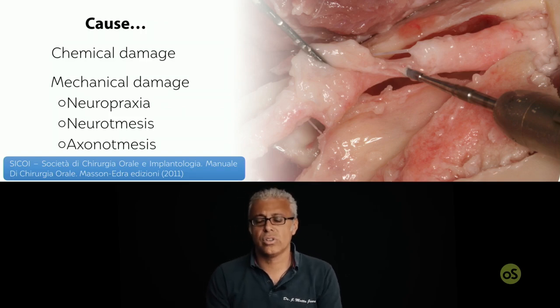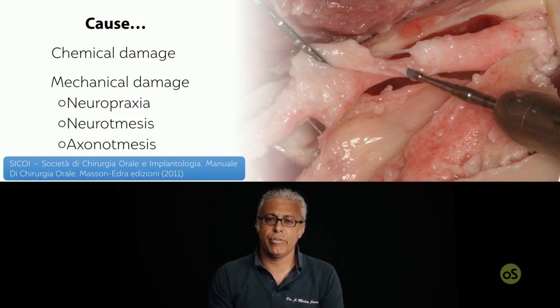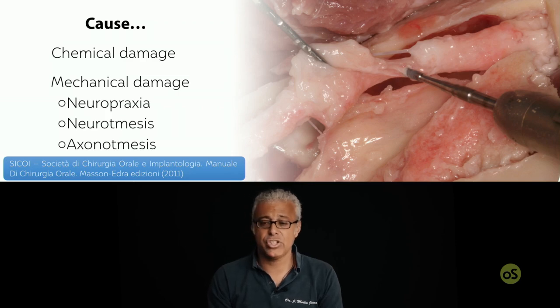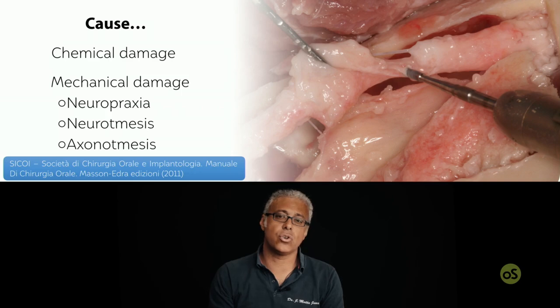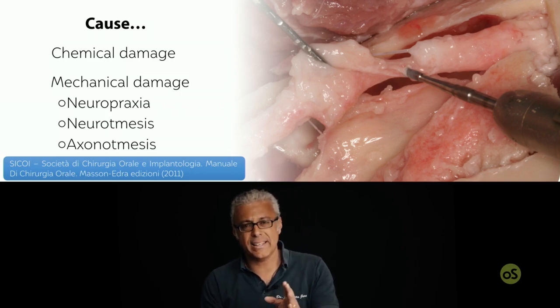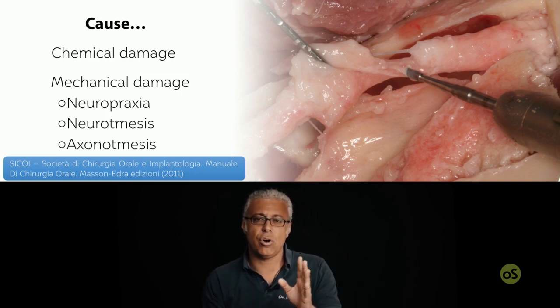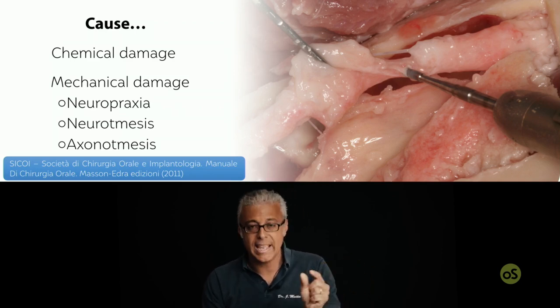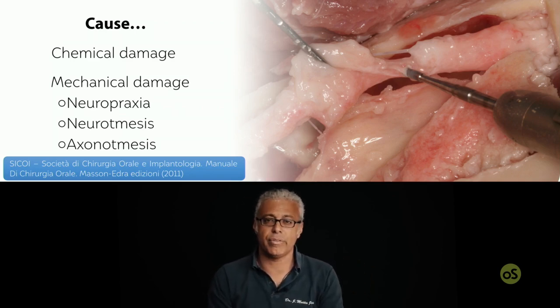The cause of the damage of the nerve can be a chemical damage due to the anesthetic, and we will see this in detail, or it can be a mechanical damage, and this can lead to neuropraxia, neurotmesis, or axonotmesis, depending on the damage of the nerve. So it can be either superficial or can be a complete cutting of the IAN.